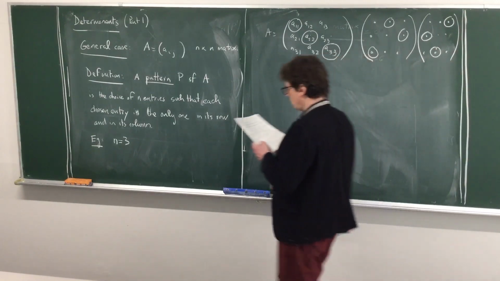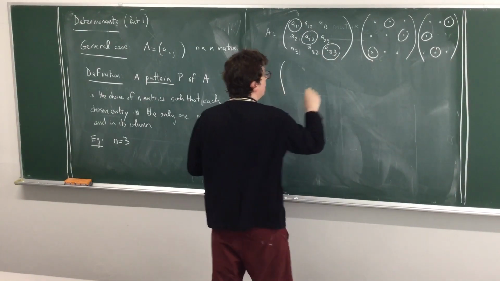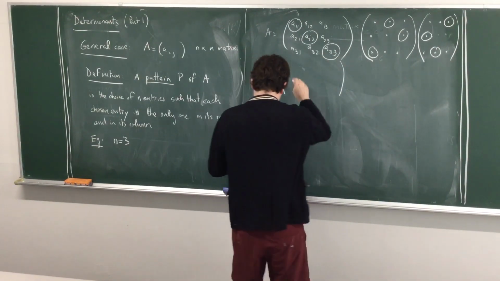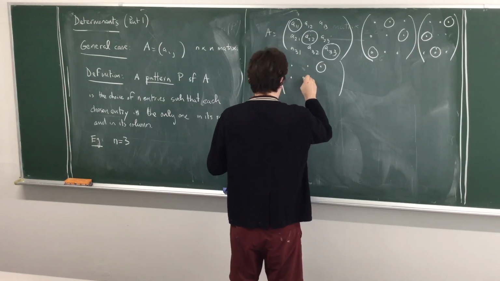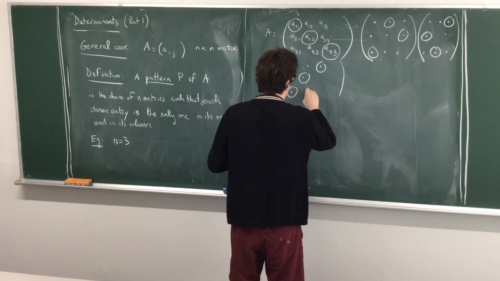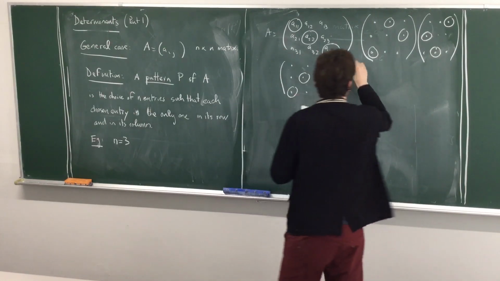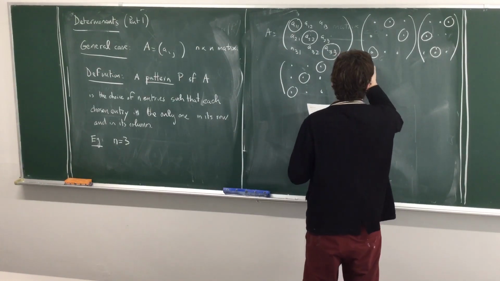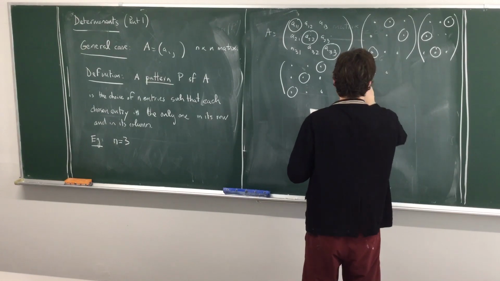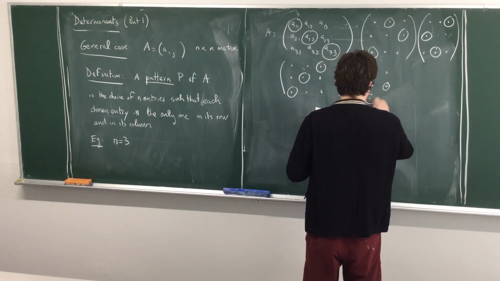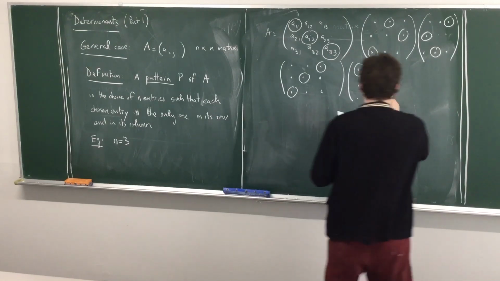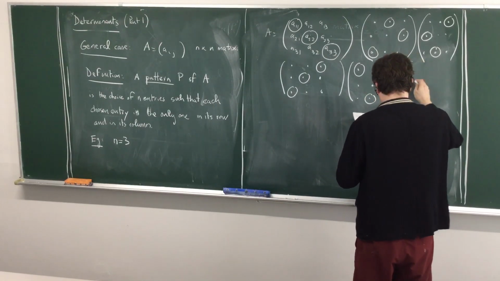Yes, this is a third pattern. Okay, now another one. Here, here, here. This is another pattern. Here, and here, and then here. This is a different pattern. And this one.